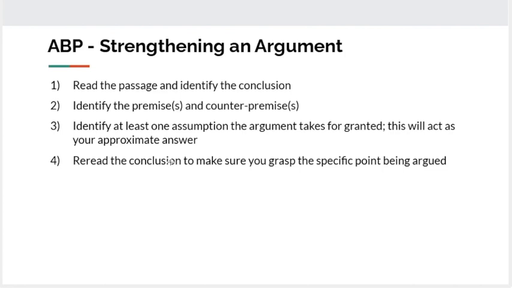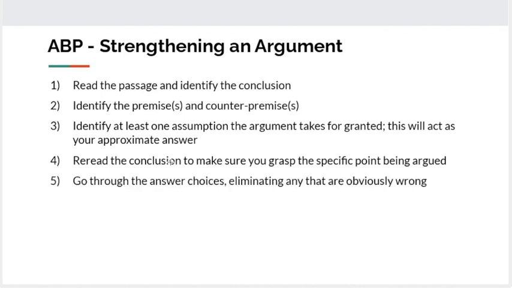Now, before turning your attention to the answer choices, make sure that you understand the specific point that's being argued, because a lot of times wrong answers will play on the idea that test takers might sometimes lose sight of what specifically the passage is arguing for. So you want to make sure you understand that. Then once you go to the answer choices, you can eliminate any that are obviously wrong.